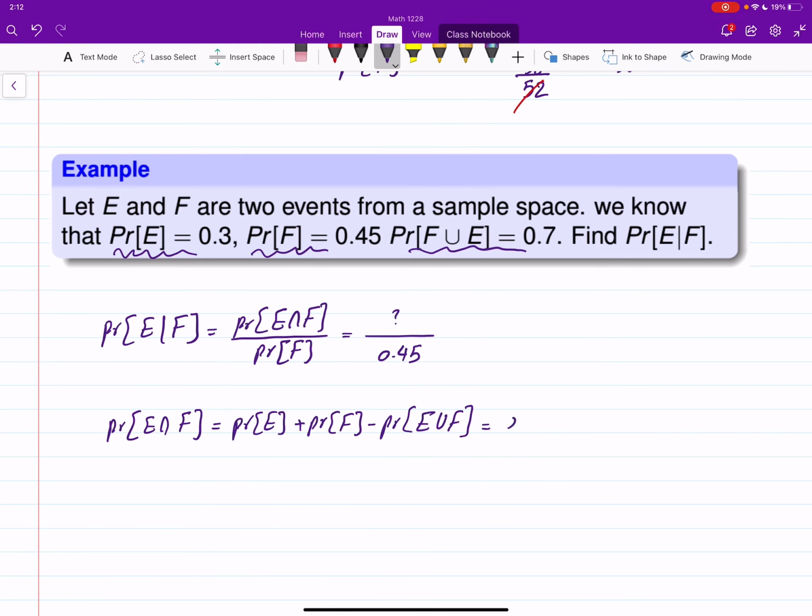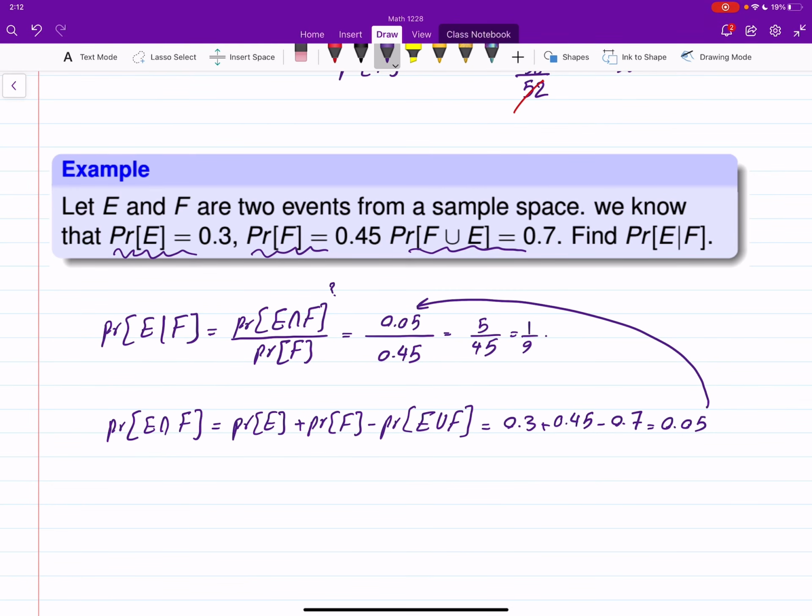And that is 0.3 plus 0.45 minus 0.7, which will give us 0.05. And that is where this guy comes from. And I can put 0.05, and that is just 5 over 45, which is 1 over 9.